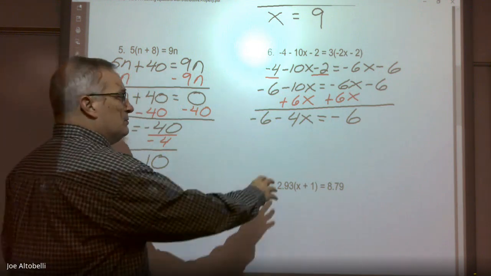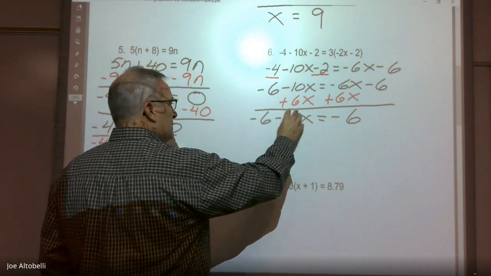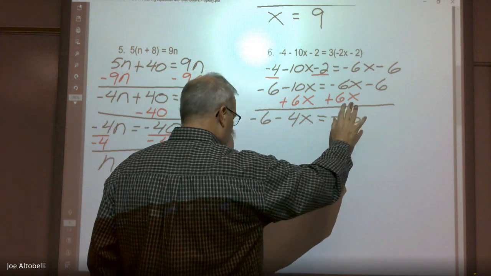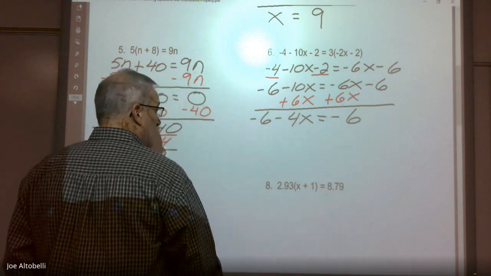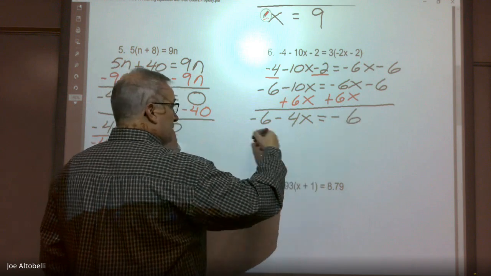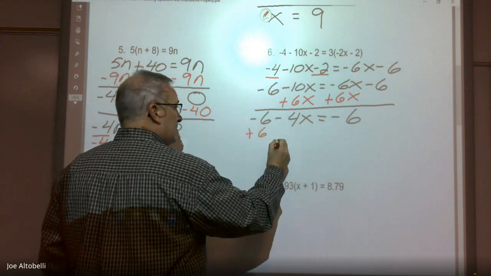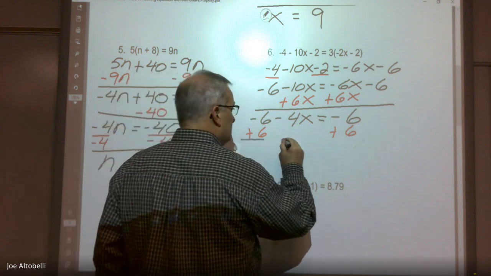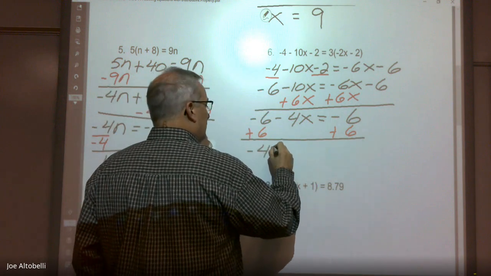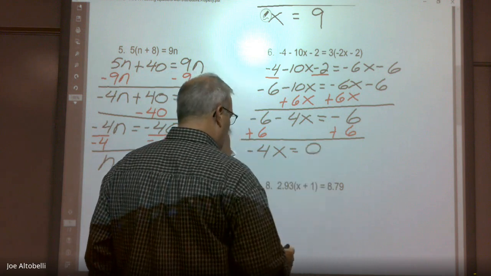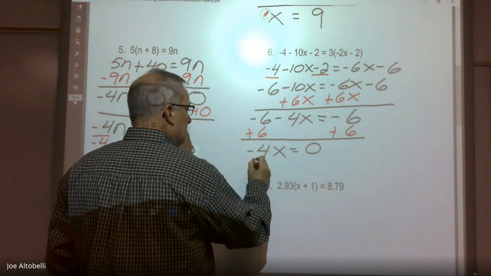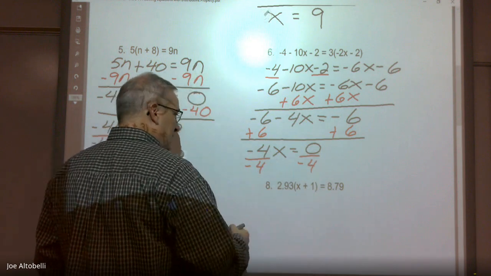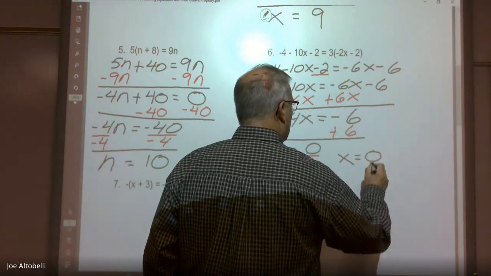There are two terms over here. They're not like terms, okay, equal to a value, and that value could be 0, but it's equal to something. So to work through this, I add the 6 to both sides. I get negative 4x is equal to 0, and then divide by the negative 4, and we get x equals 0.